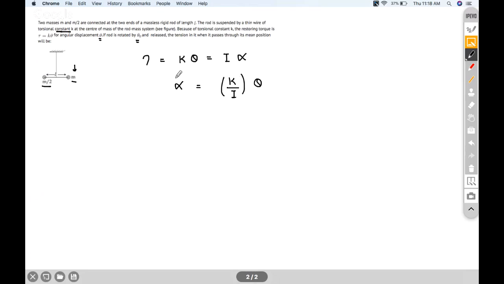In vector form, since it is a restoring torque, there will be a minus sign, because if you rotate the system anti-clockwise, a clockwise torque is created. They are opposite in direction, hence the negative sign. Comparing with the SHM equation, you get omega equal to the square root of k by I. This is the angular frequency.